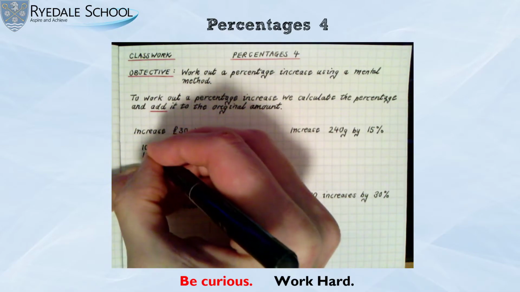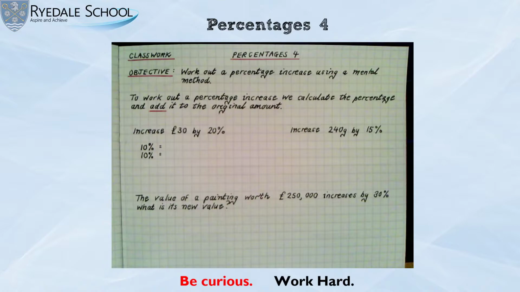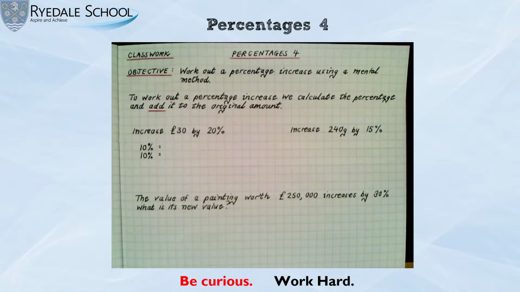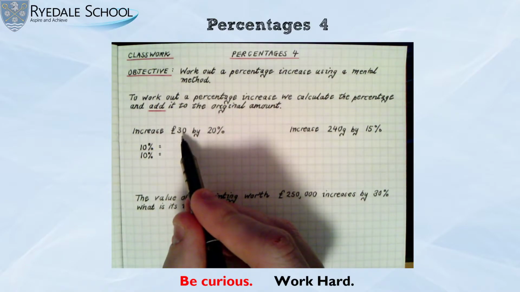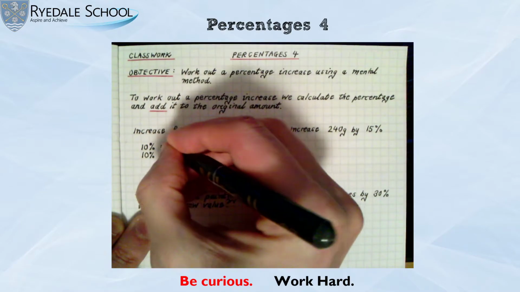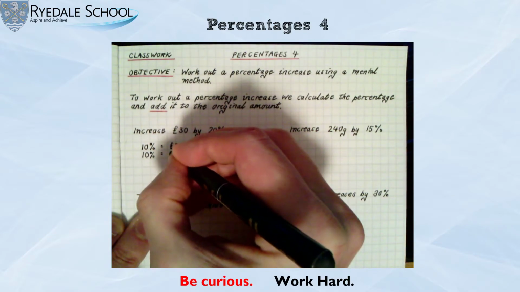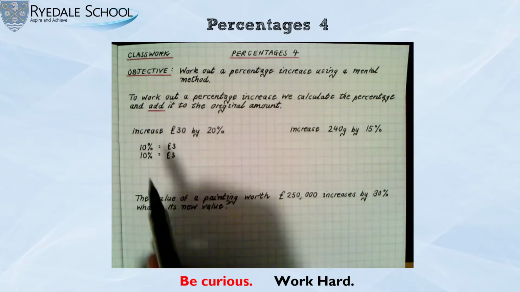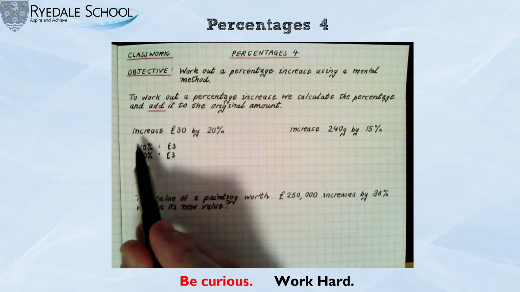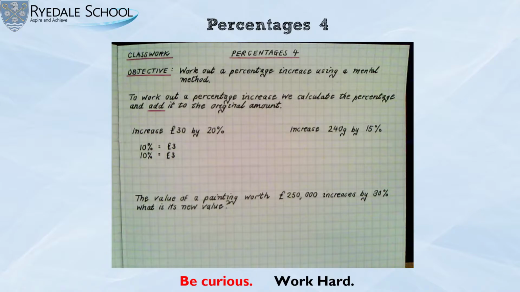I know to find 10% of a number, I have that rule divide by 10. And £30 divided by 10 is £3. So each 10% is worth £3, or collectively that 20% is £6, the 3 and 3 added together.